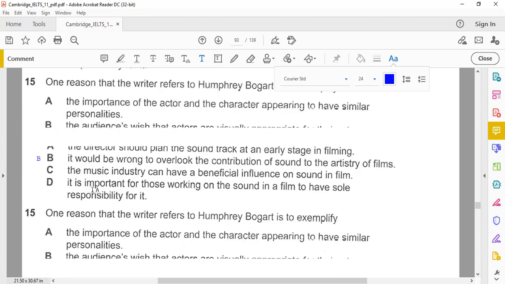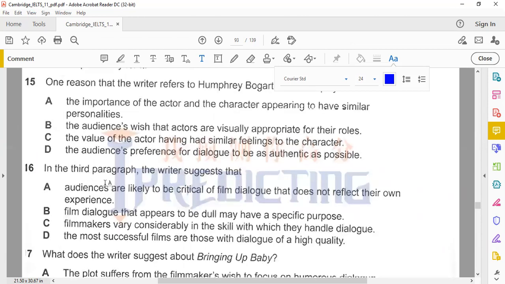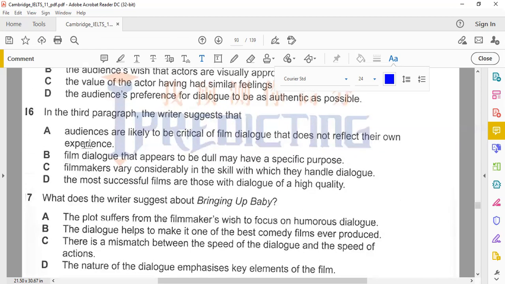And number 15. In the third paragraph, the writer suggests that audiences are likely to be critical of film dialogue that does not reflect their own experience. Well, this is a choice, and now you can write A against the number.